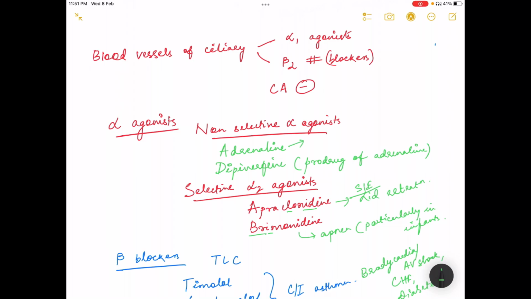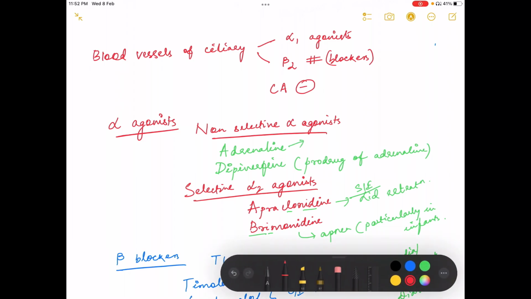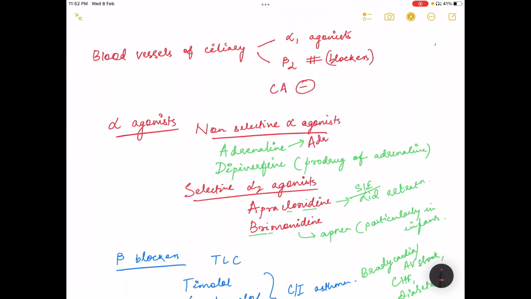And adrenaline is metabolized to another compound, adrenochrome, and that causes black pigmentation of the conjunctiva.